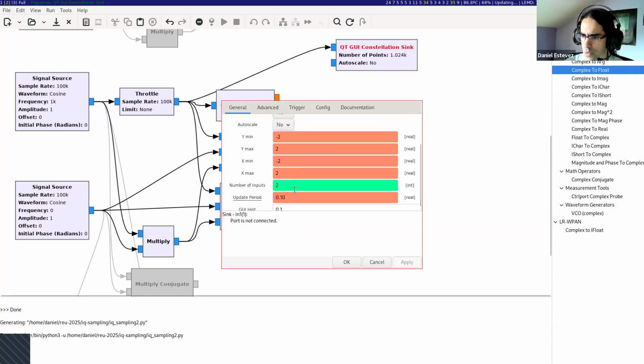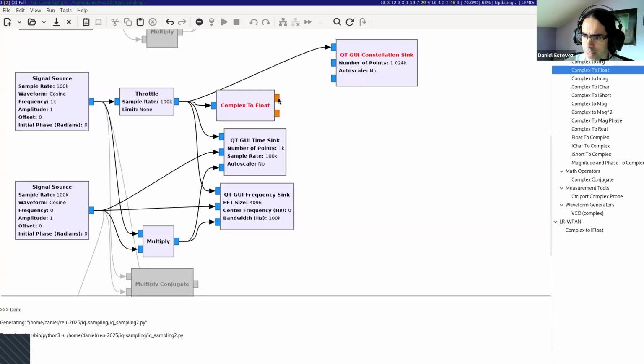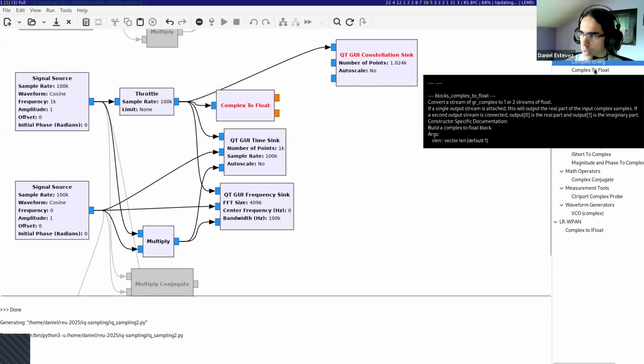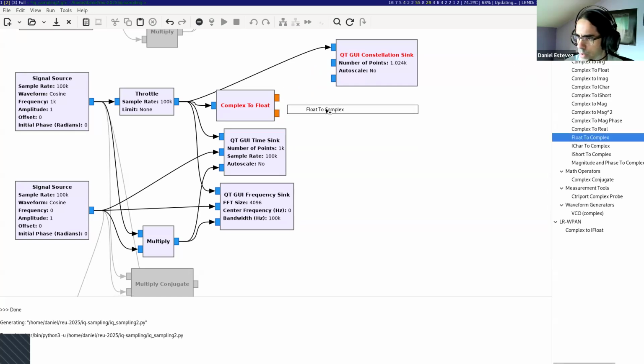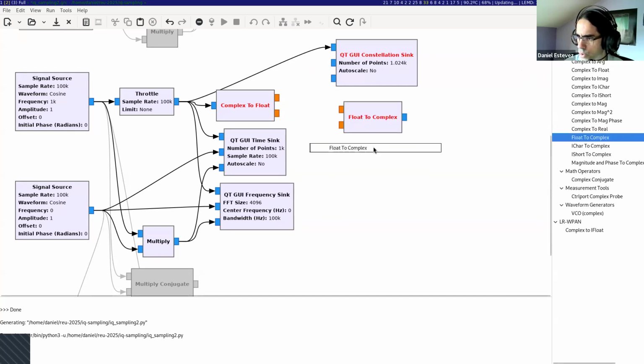I want three inputs. I want to connect these like so, but that is illegal because I cannot mix data types. So what I want to do is to convert each of these to a complex number by putting 0 in the other part. So let me make this more clear by putting float to complex, float to complex.